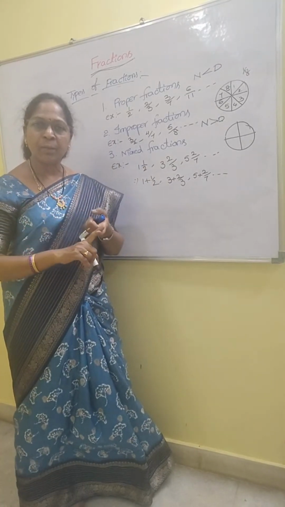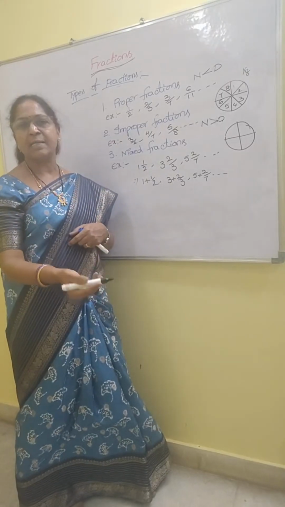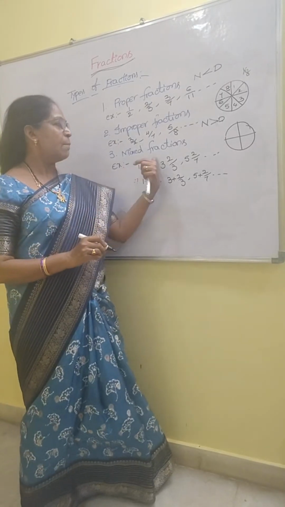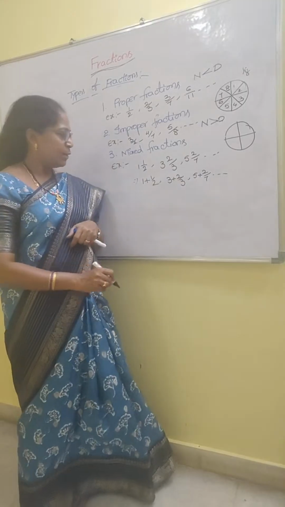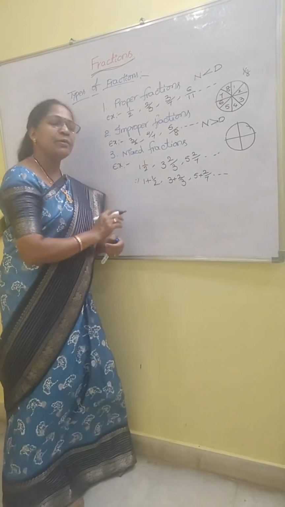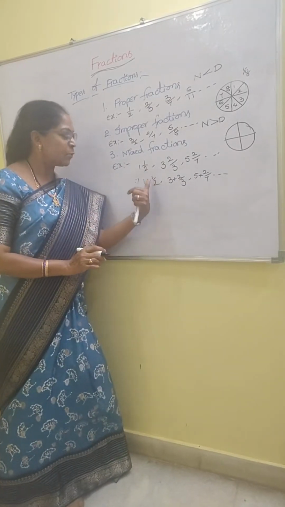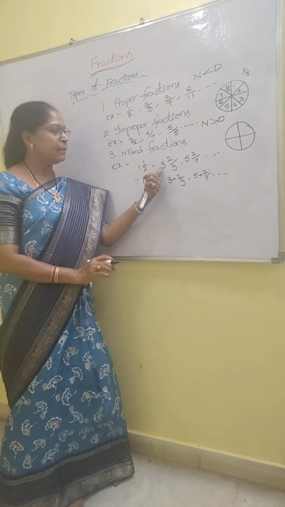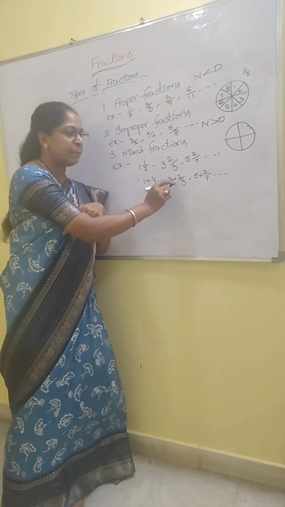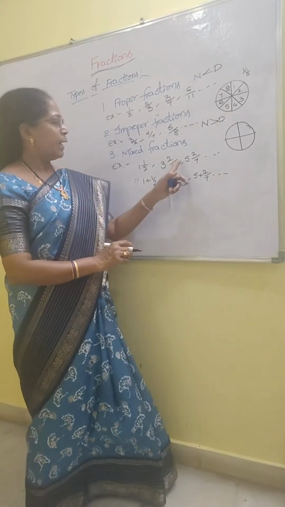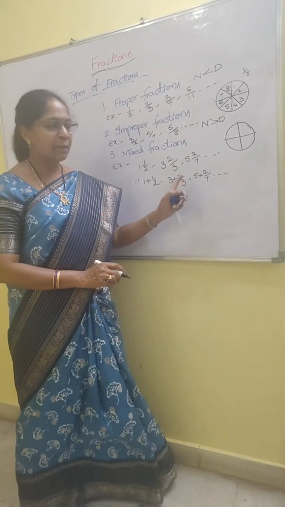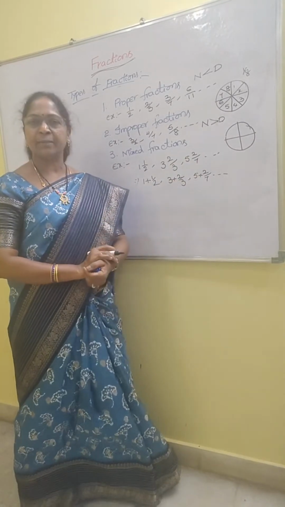So 1 1 by 2 is nothing but 1 plus 1 by 2. Like that, 3 2 by 3 is 3 plus 2 by 3, and 5 2 by 7 is 5 plus 2 by 7.